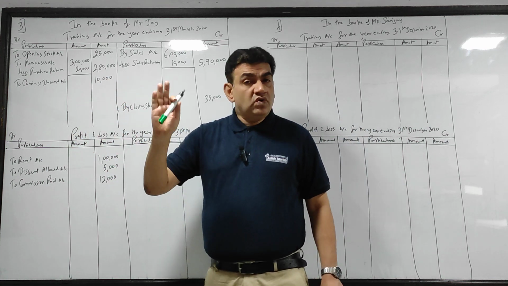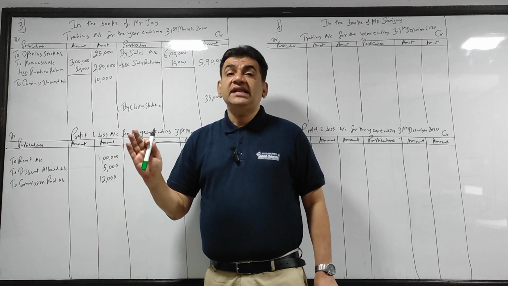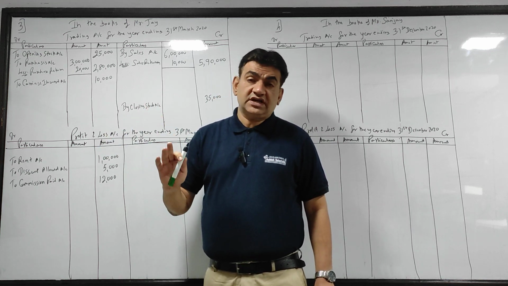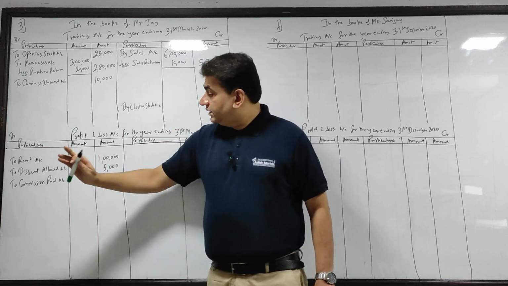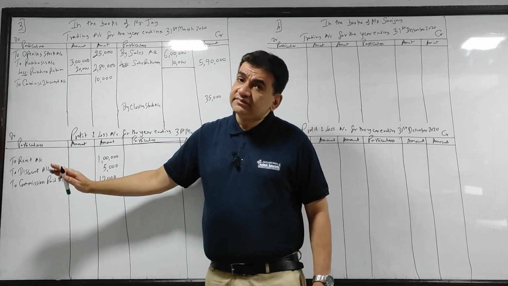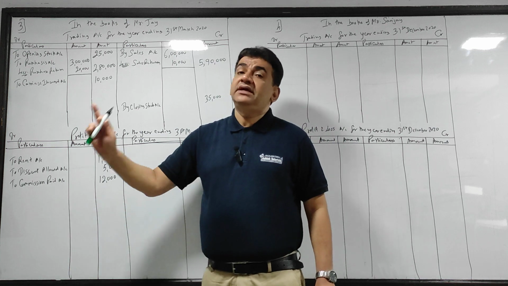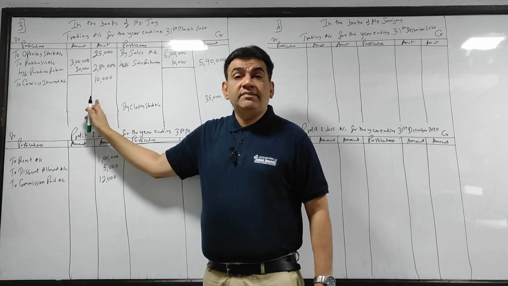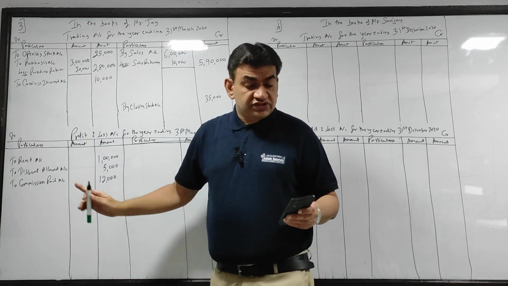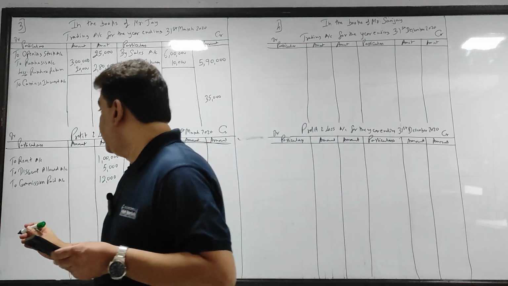And when they say only salary, it means salary paid to the office staff or the selling staff. So salary only is an indirect expense, we will debit P&L. Wages, direct expense, we will debit trading account. Okay, so salary we will debit P&L.